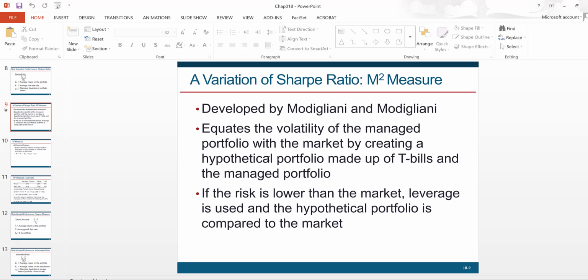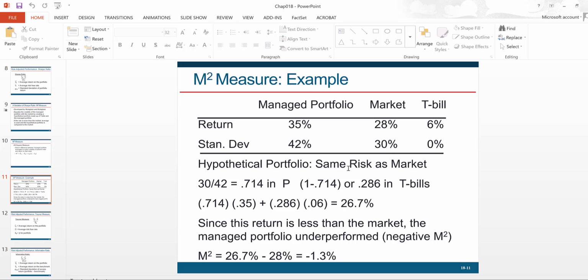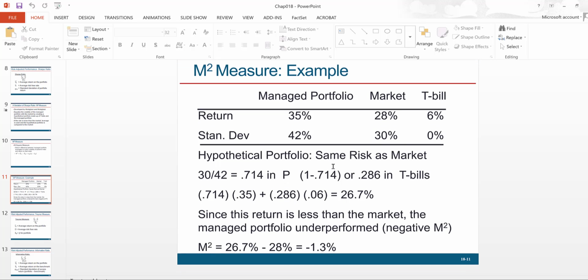And once the risk is matched, then we can simply focus on the return, right? So same risk, we can then just compare the return to see if the return is higher or lower and by how much.